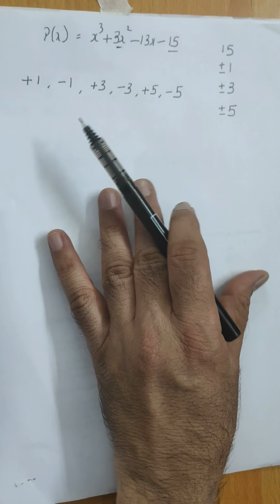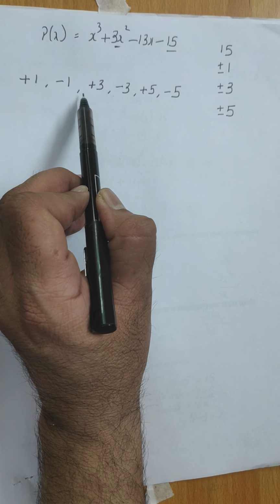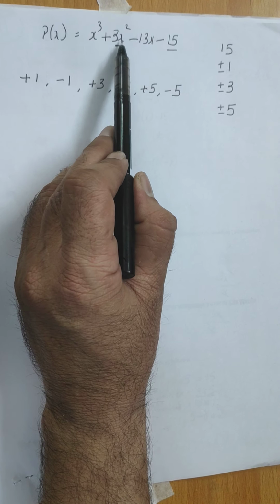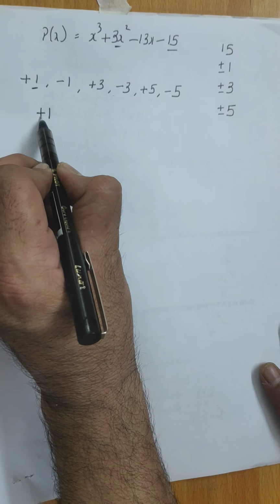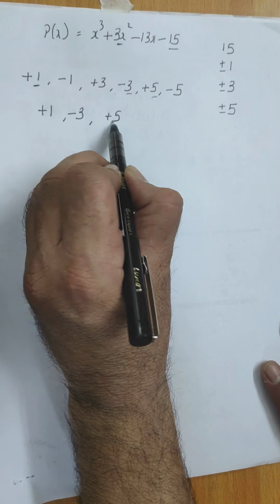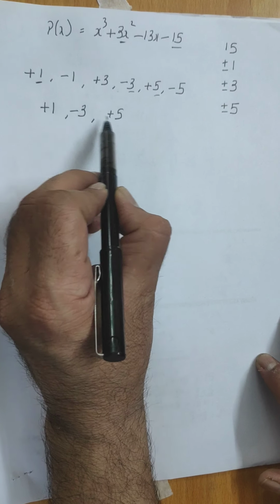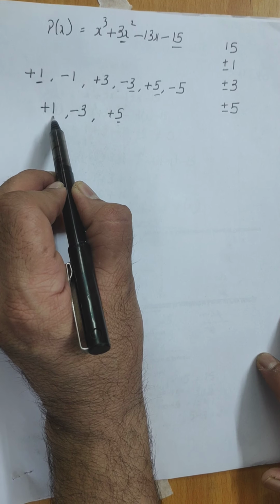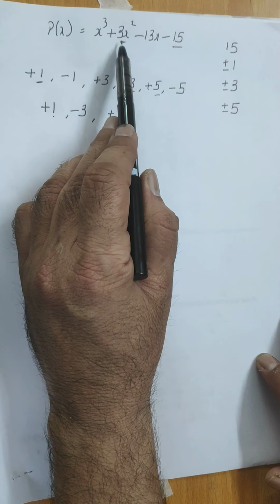Again I am repeating. आपने इनमें से कोई भी 3 फैक्टर्स लेना है जिसको ऐड करके या सब्ट्रैक्ट करके मेरा ये एक्स स्क्वायर का कोएफिशिएंट आना चाहिए, यानी कि 3 आना चाहिए, पर आपने 3 फैक्टर्स लेने हैं। अब कौन से 3 फैक्टर्स होंगे, देखिए एक अगर मैं लेता हूँ +1, दूसरा मैं लेता हूँ -3, और अगला मैं लेता हूँ +5। ऐड करते हैं, 5 + 1 is 6, 6 - 3, I am getting 3, see +3 I am getting, clear?